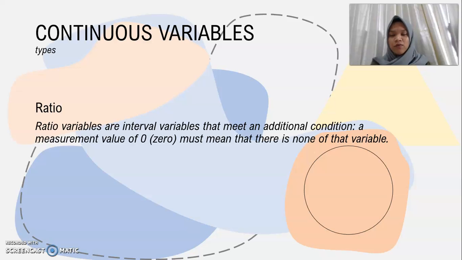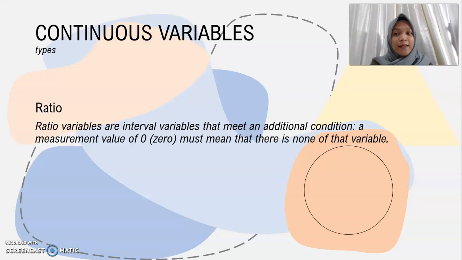For example, if we are measuring temperature in Kelvin, 0 Kelvin equals no temperature at all. That's why it cannot be used in interval, but can be used in ratio, because the value of 0 must mean that there is none of that variable.